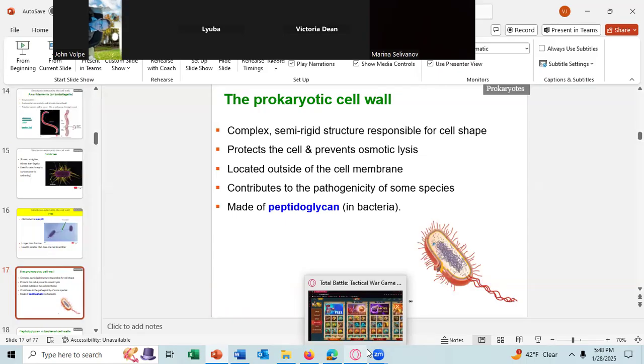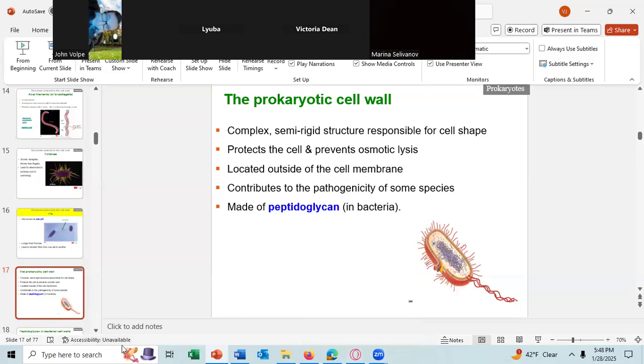Most peptidoglycan is made from bacteria. So most peptidoglycan that we would buy in a store is made in bacteria.